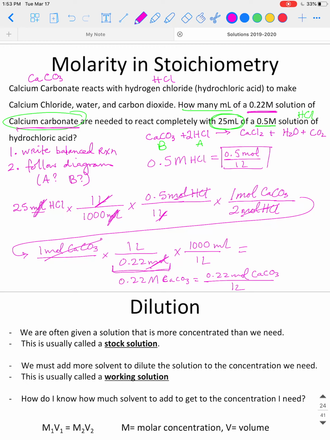So let's calculate this now. 25 divided by 1,000 times 0.5 divided by 2 divided by 0.22 times 1,000, and you should get 28.41 milliliters of calcium carbonate. And that is our answer for this problem.